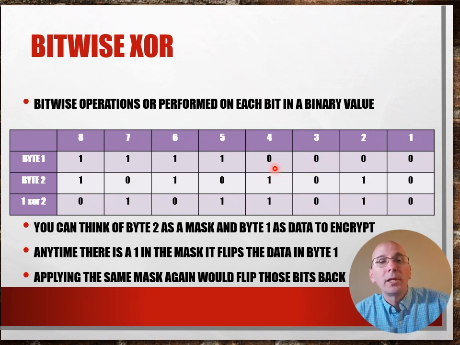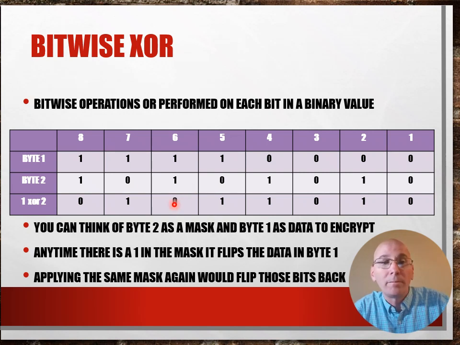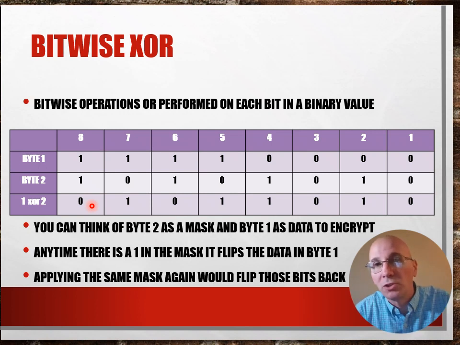Nope. 0. 0, 1. 1. 1, 0. Yeah, it doesn't matter where the 1s and 0s are as long as I have both of them. This is a 1. 1, 1. Nope. I do not have a 1 and a 0. I've got two of the same value, so this is a 0. 1, 0, 1, and 1, 1, 0. Okay. So this is how we would perform an exclusive OR operation on bits.